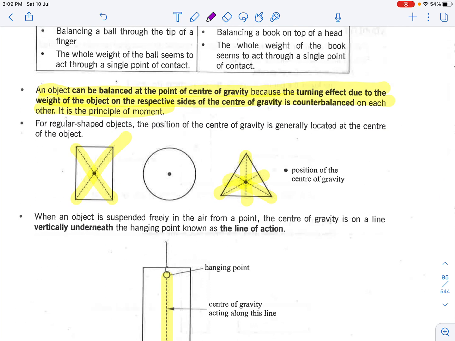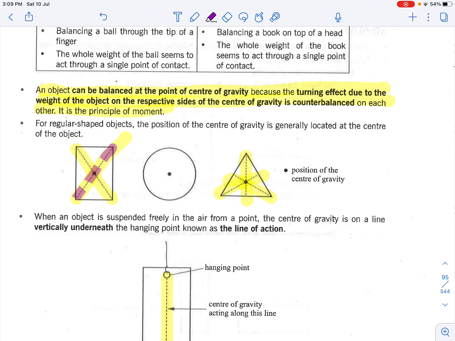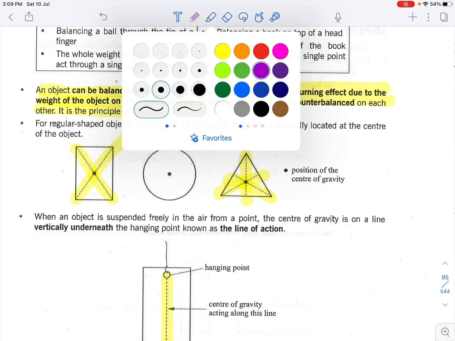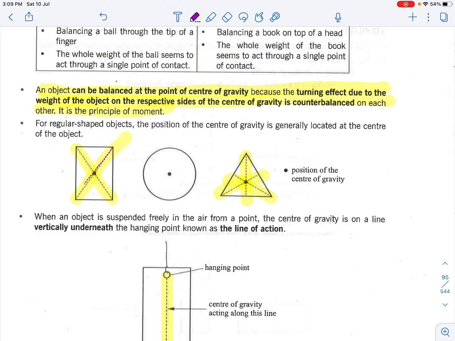Let's say for a rectangular object, we just need to connect both ends together, and the point of intersection is where the center of gravity is.